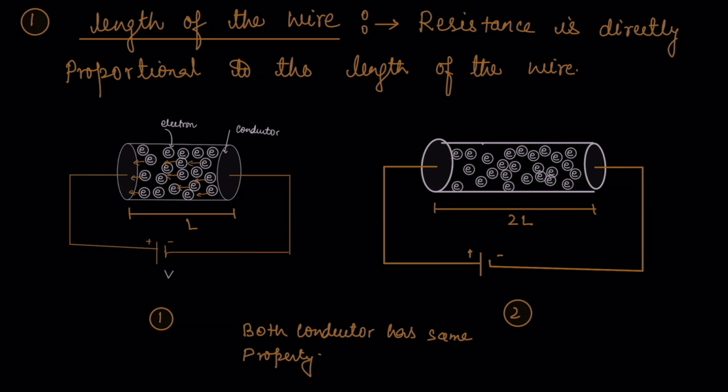That's why if we use a very long wire, we have to think that it has a higher resistance, so current will not flow very fast. There is some disturbance due to high resistance. So here we can write R is directly proportional to L. We can keep it as the first relation.